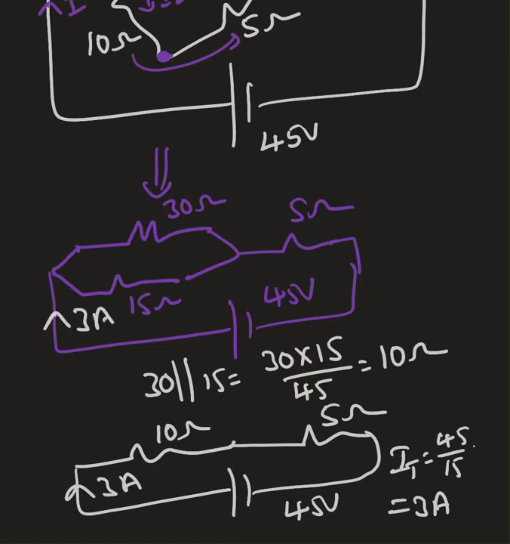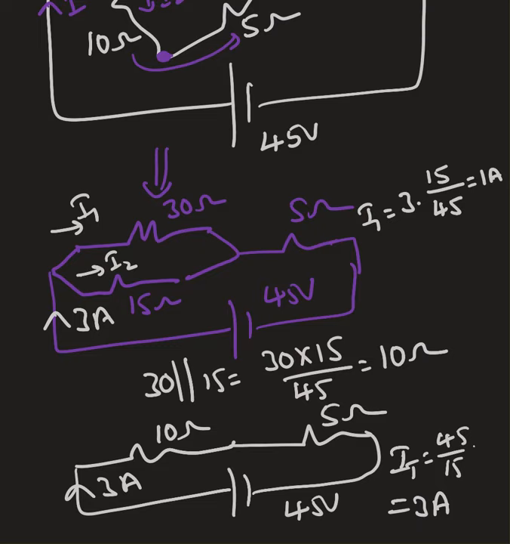Now I can find the current passing through each resistor by using the current division rule. So let me label this as I1, I2. So what is my I1? I1 equals total current 3 amperes multiplied by opposite resistance over total resistance, 30 plus 15, which is 45. So 45 over 45, that's 1 ampere.